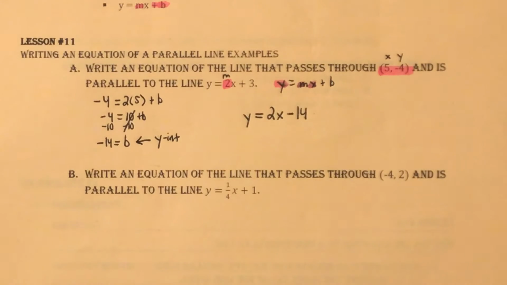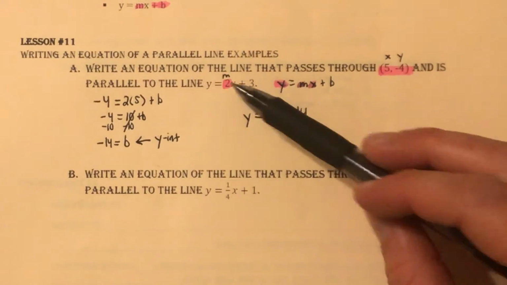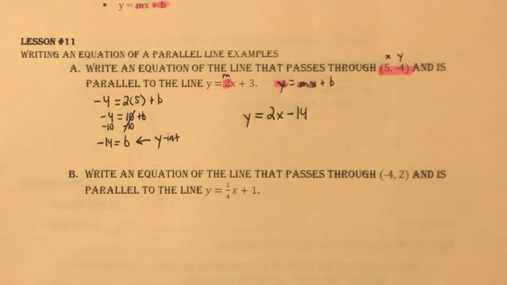My slope-intercept form of this equation is y equals 2x minus 14. And that's really all you have to do to write the equation of the parallel line. If we look at these two lines, they both have slopes of 2. They have different y-intercepts, which makes sense because they're not lines on top of each other. They're lines next to each other that will never cross.